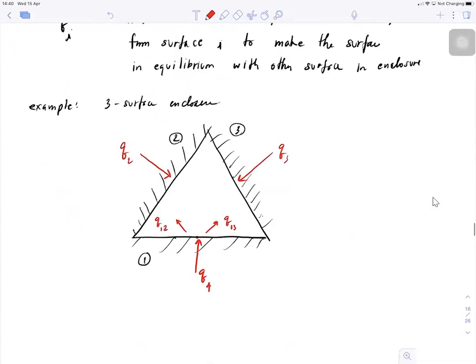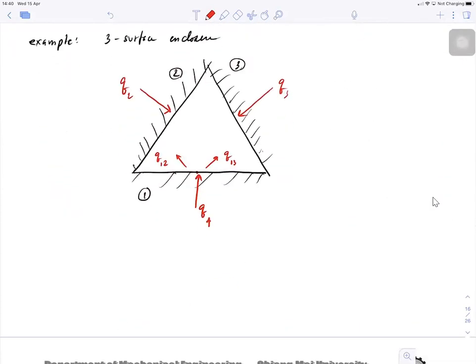Okay, and the same thing. So it's going to be Q2 to 1, Q3 to 1, and then they're going to be Q2 to 3, and it's going to be also Q3 to 2.